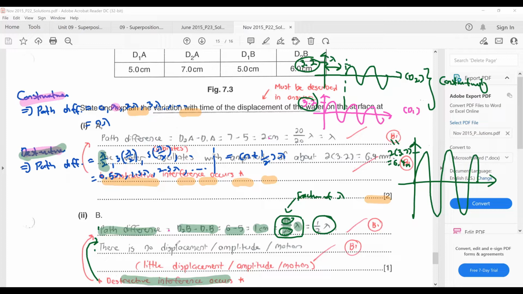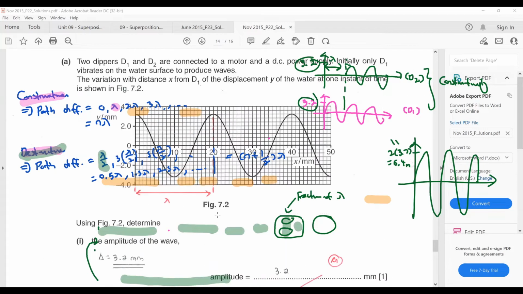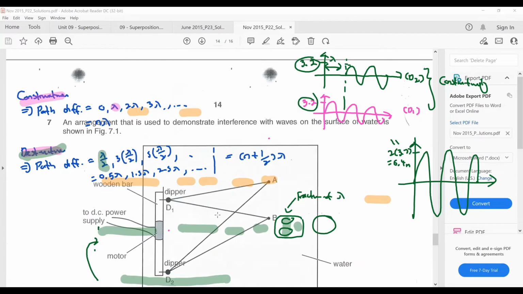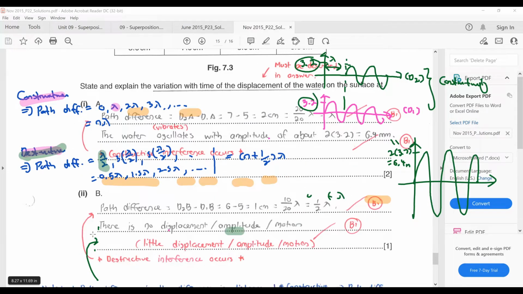If you want to see why it's like that, you can imagine at point B, one of the waves will arrive first, looking like this.